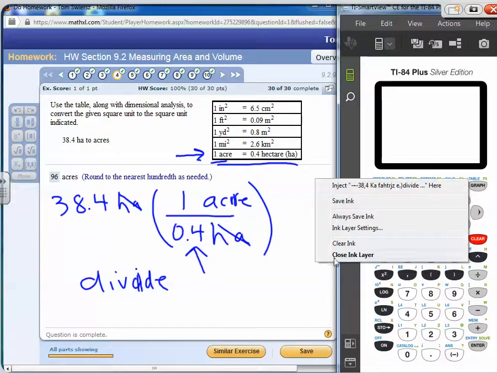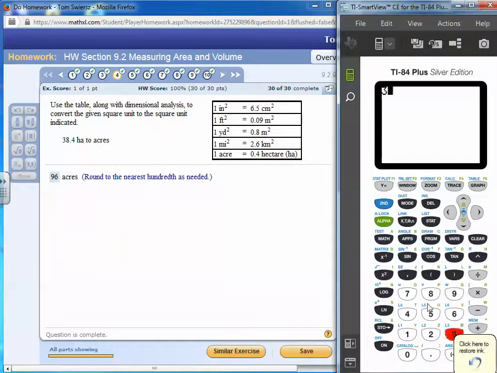So on the calculator, 38.4 divided by 0.4, and we get our answer of exactly 96 acres. So I could just put in 96 and get the correct answer, but I don't have to round off because it came out to an even number. If yours doesn't come out to an even number, then you just have to round off to the nearest hundredth, which is 2 decimals.